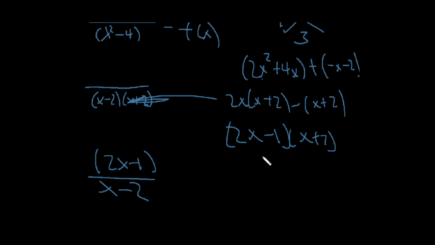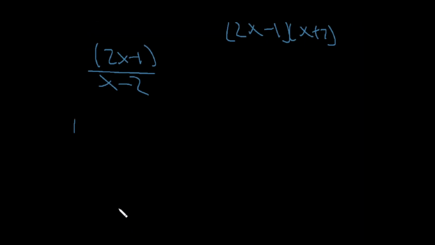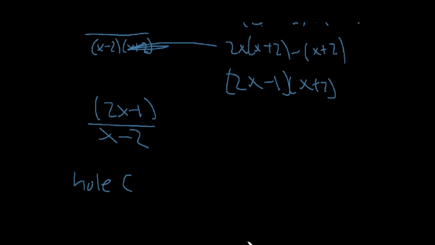And since x plus 2 cancels out, the hole is at minus 2, and plug minus 2 back into the equation, so that's minus 4 minus 1, negative 5 over negative 4, so 5 over 4.